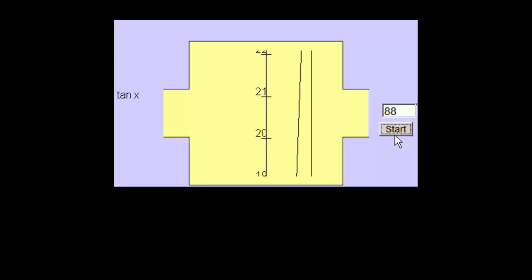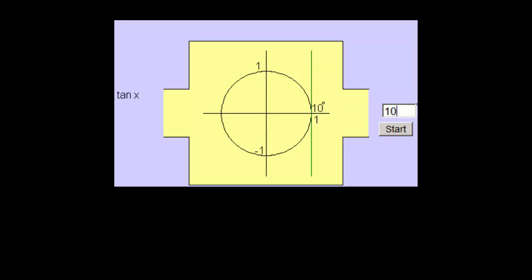Maybe this example's overkill, but notice that by getting closer and closer to 90 degrees, that tangent value is going to get much larger. In fact, if we go exactly to 90 degrees, let me scale this back down here. Here's a 10-degree angle.